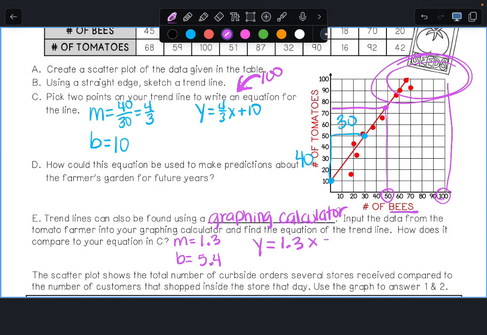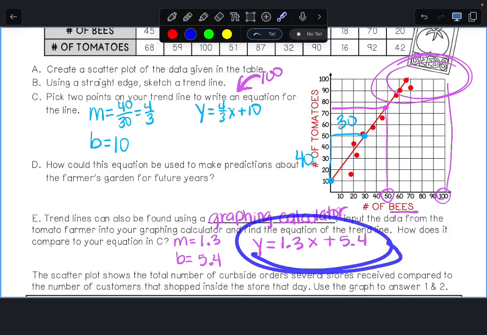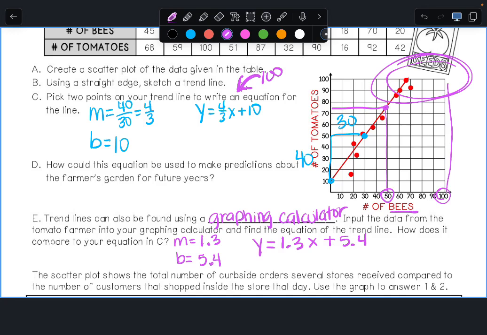What we're going to do is compare the equation that the calculator gave us with the equation of the line that we graphed. It is an estimate, so our numbers won't be exactly the same. When you convert this back to a decimal, since these are decimals, I'm going to convert the 4/3 back to a decimal. You should get 1.3x plus 10. So what is the same about it?